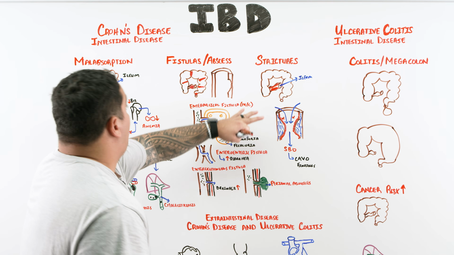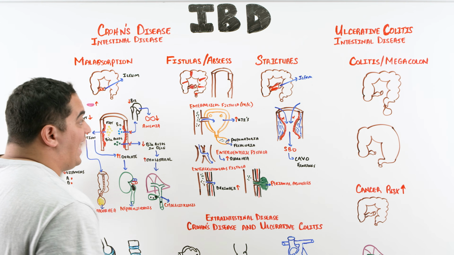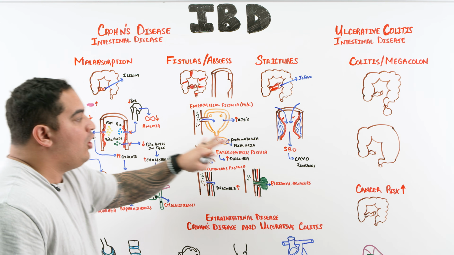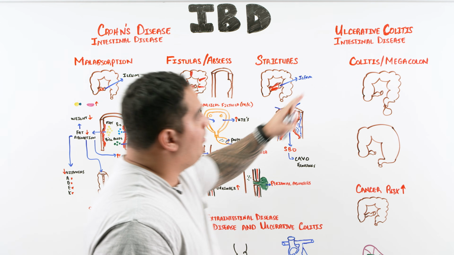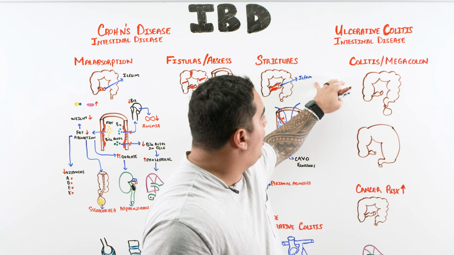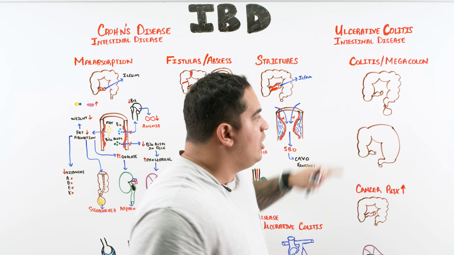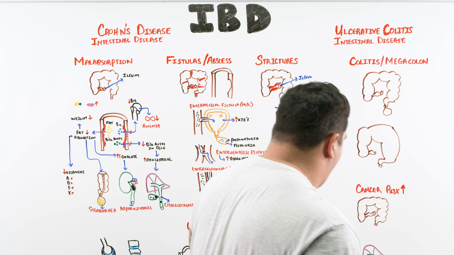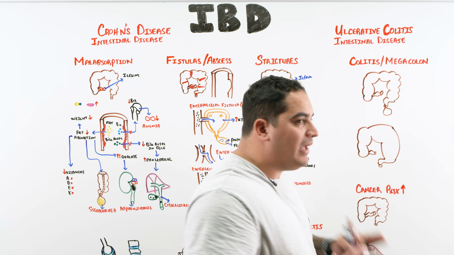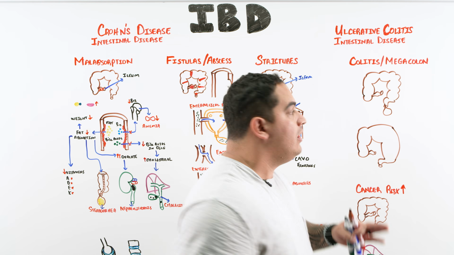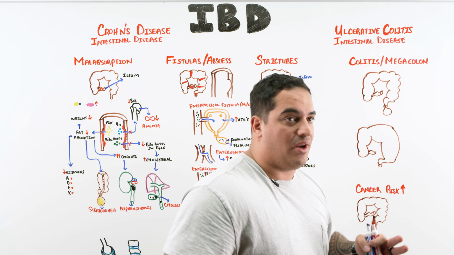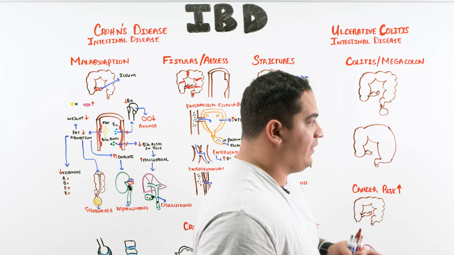Okay, that talks about Crohn's disease with effects on the intestinal system that it has directly. What about the effects that it has more particularly within the realm of ulcerative colitis? So in patients who have ulcerative colitis, again, I think there's really just one big thing that you have to be able to recognize. Tons of stuff for Crohn's, which is frustrating, but one big one for ulcerative colitis.